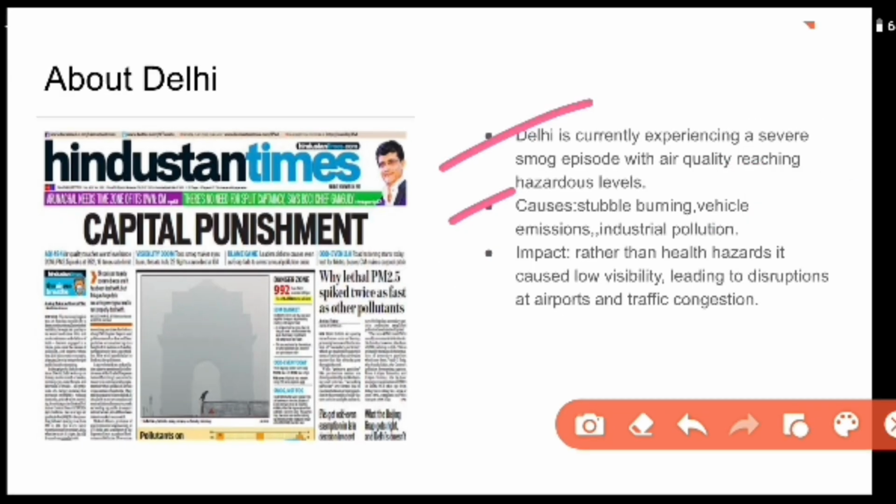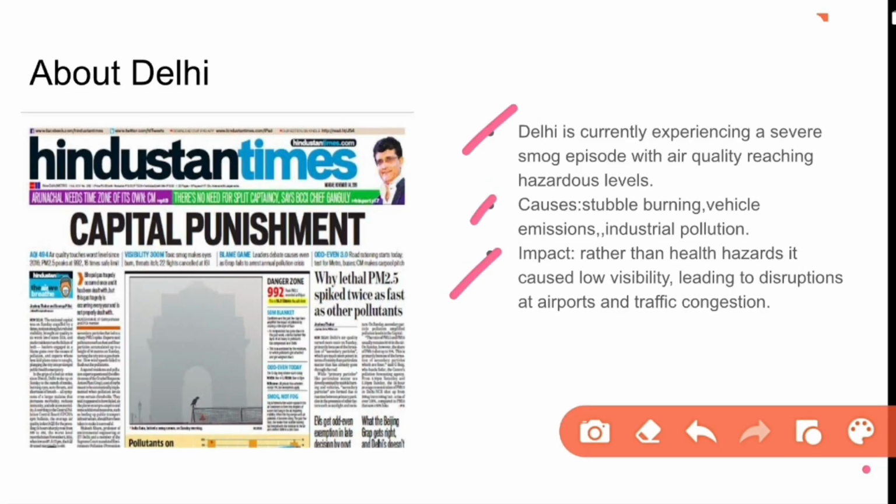Impact: people are already suffering from different kinds of health hazards because of this smog problem, and besides health hazards, it is causing low visibility, and ultimately it is leading to disruption in different kinds of transportation, like at airports and in traffic.